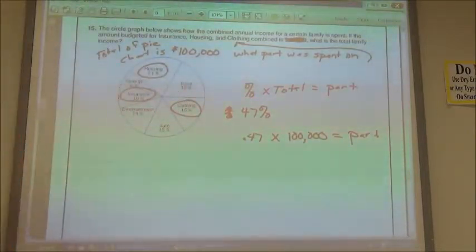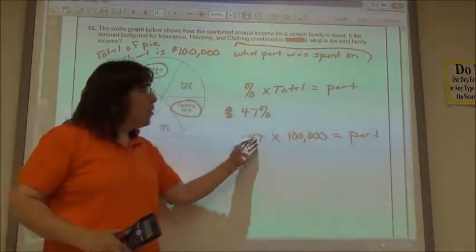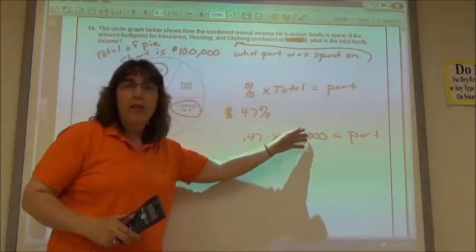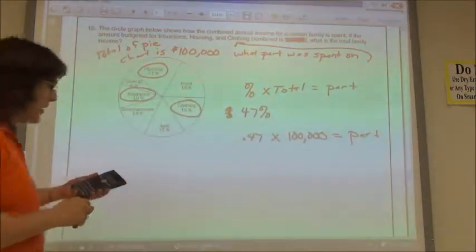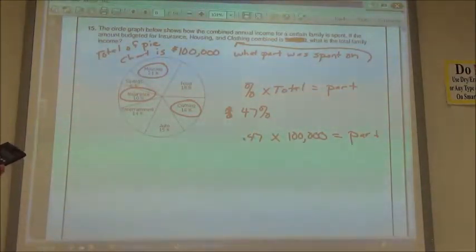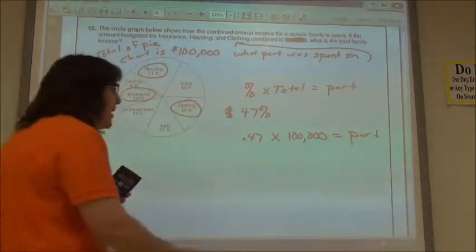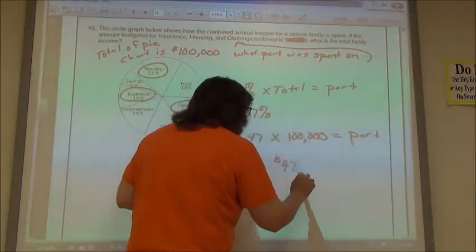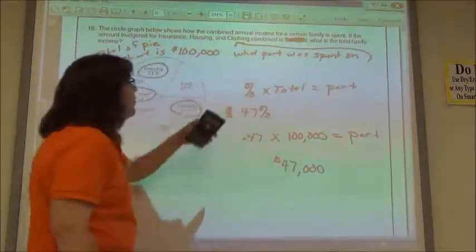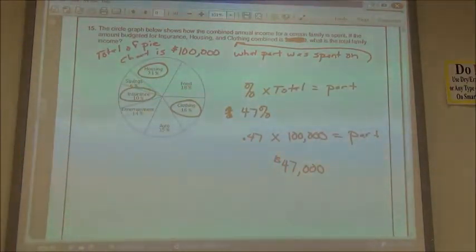If my formula looks like this, I'm just going to go ahead and multiply these two things together because they're on the same side of the equation. So I'm going to take 0.47 times 100,000, and we get 47,000 spent on those three items.